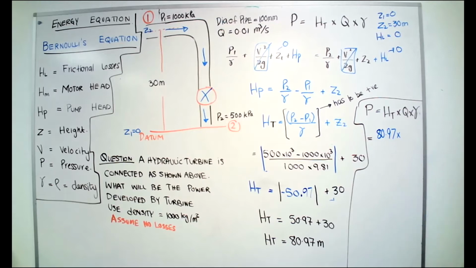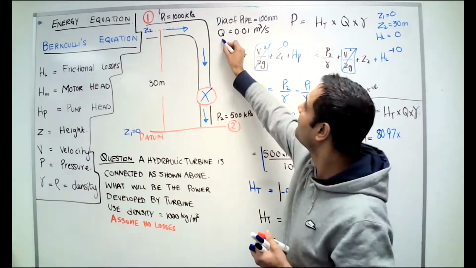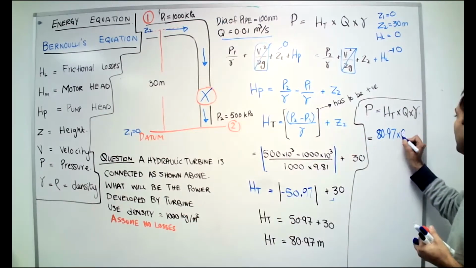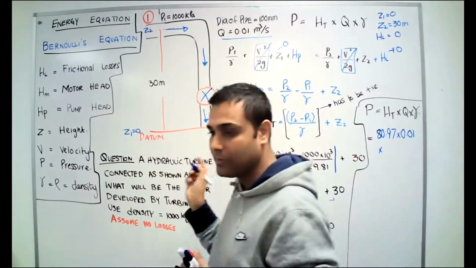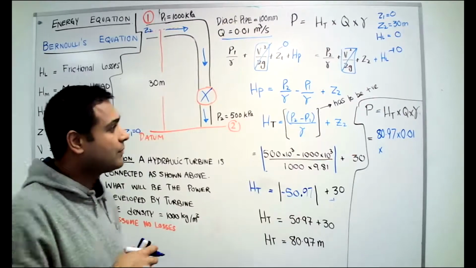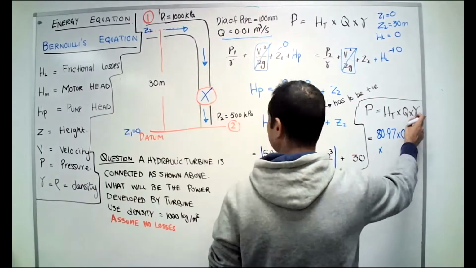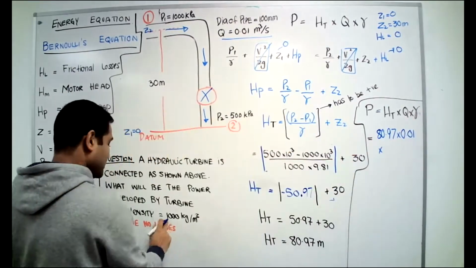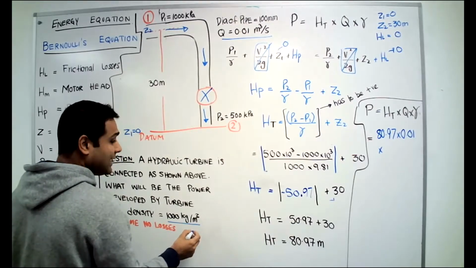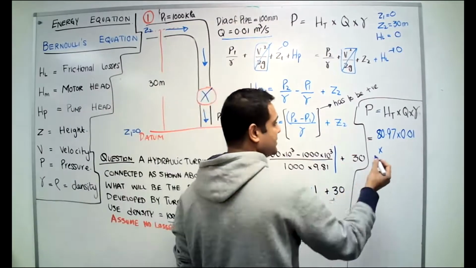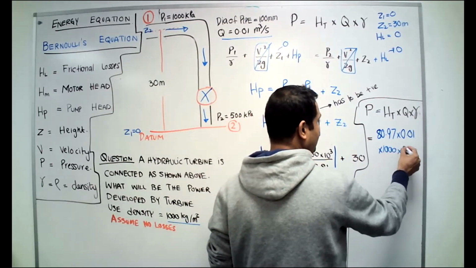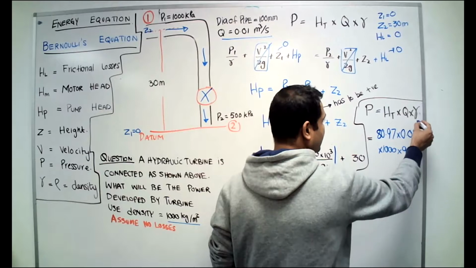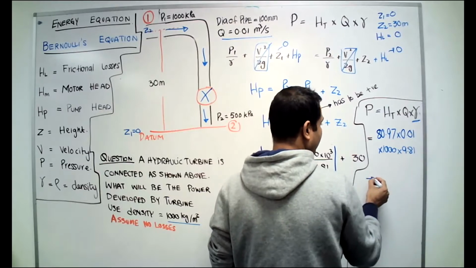The flow rate is given here, 0.01. Now the density is 1000. We need to convert this density into the relative density, so that will be 1000 multiplied by 9.81.